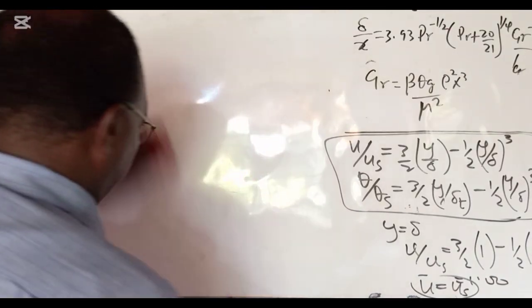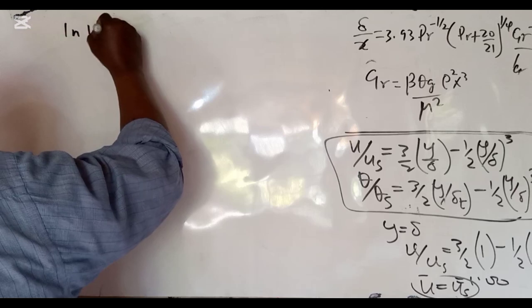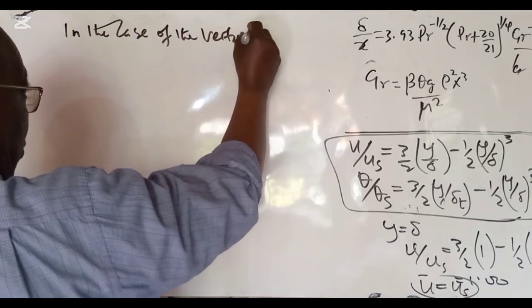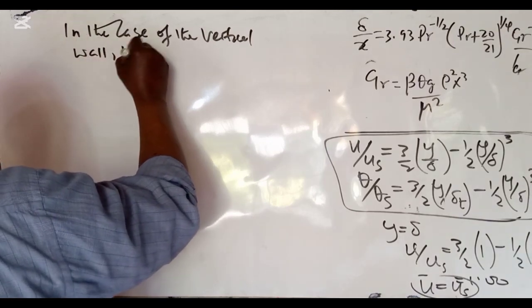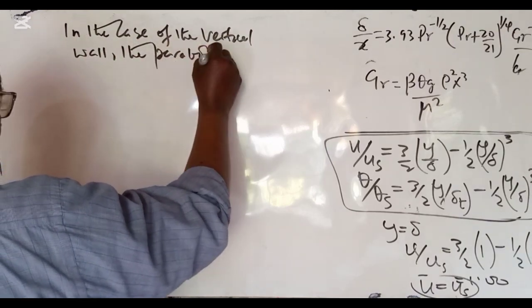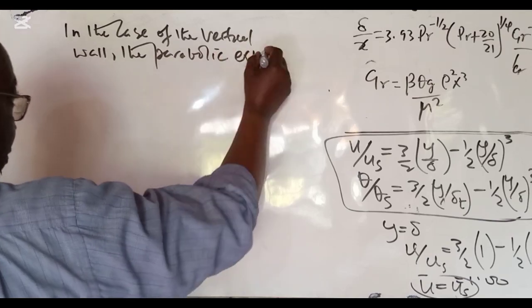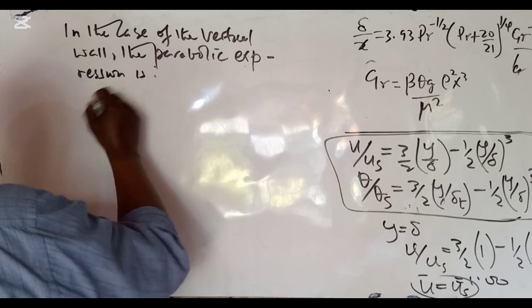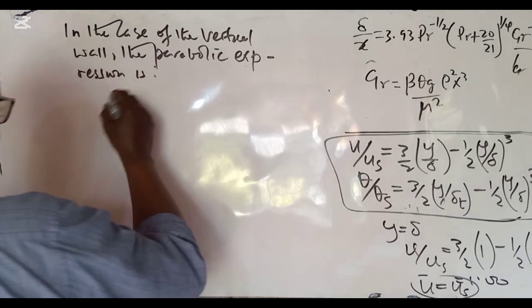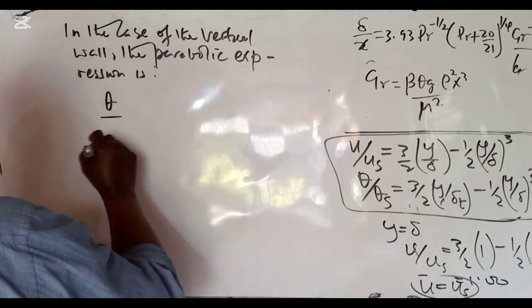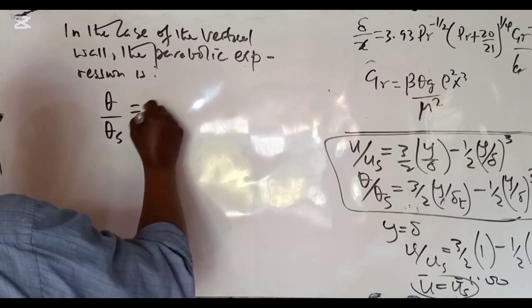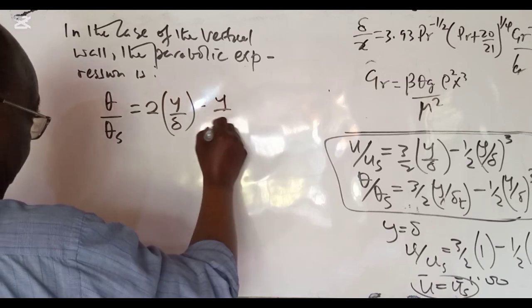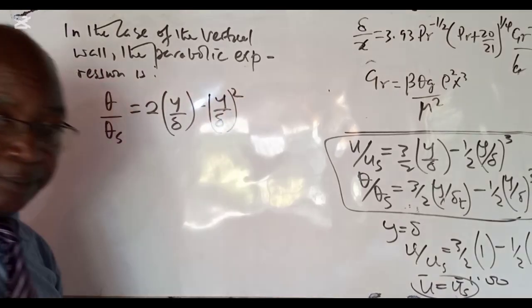So in the case of the vertical wall, the parabolic expression, you have theta over theta s equals 2 y over sigma minus y over sigma squared.